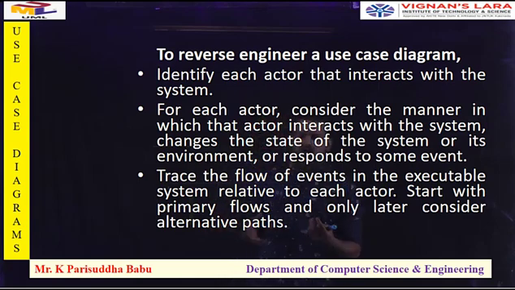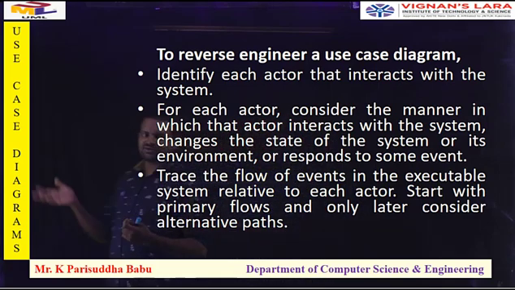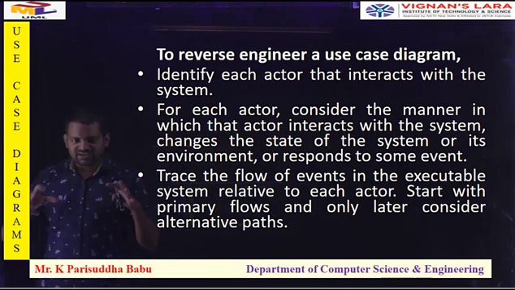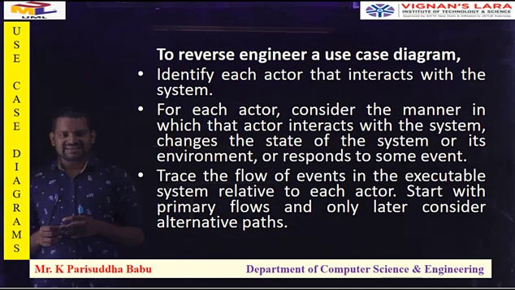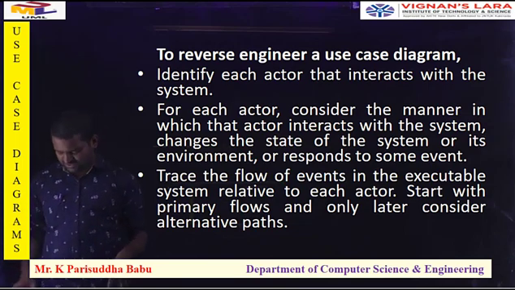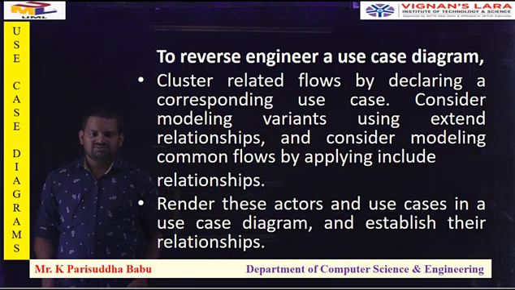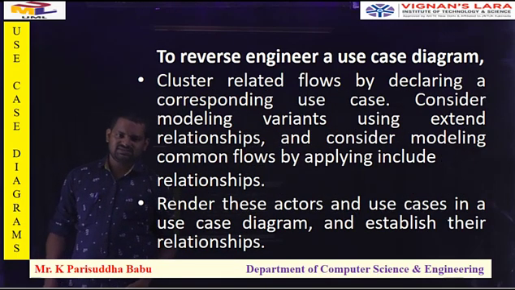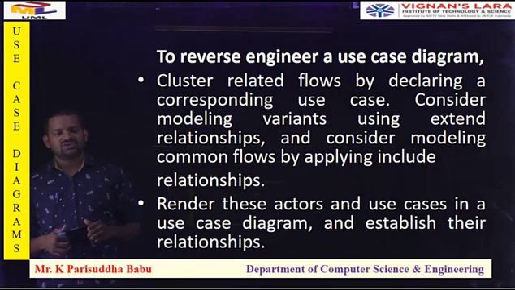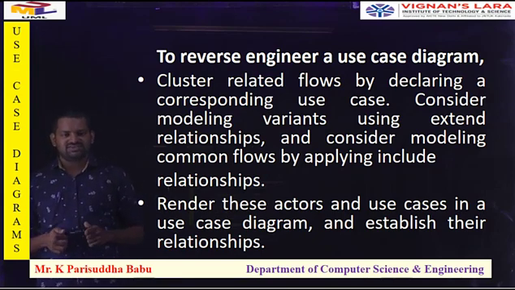Trace the flow of events in the executable system relative to each actor, starting with the primary flows and then considering alternative paths. This is a very complex way to represent the use case diagram in reverse engineering.